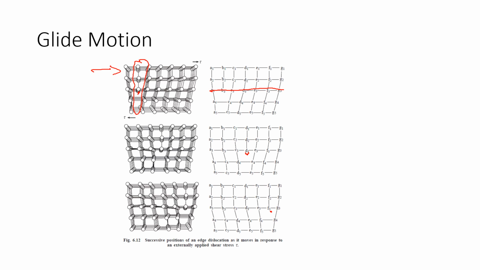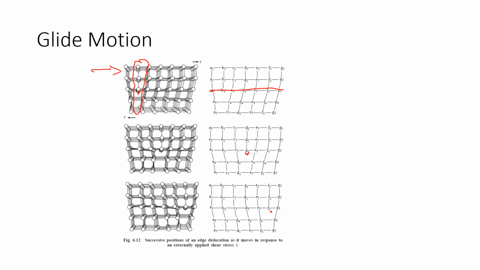Here what we learned is glide motion: on applying an external tension or stress, the edge dislocation plane can move from one edge to another.